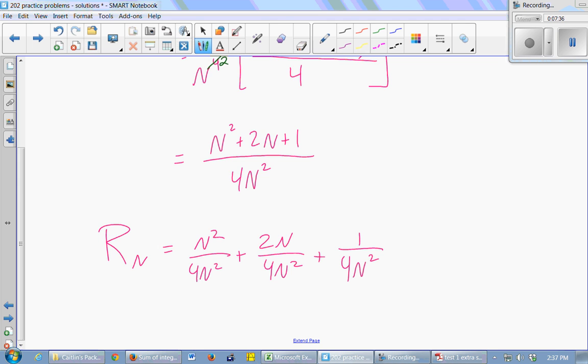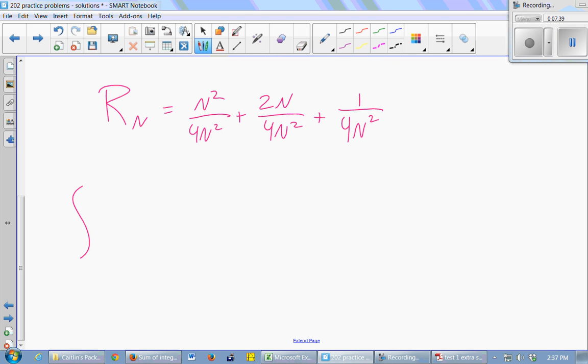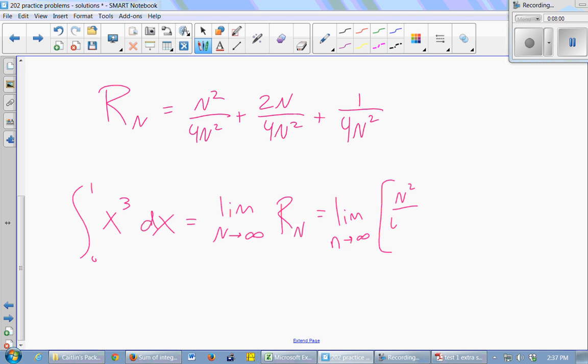If I want to get the integral from 0 to 1 of x cubed dx, that is equal to the limit as n goes to infinity of R sub n, which would be the limit as n goes to infinity of n squared over 4n squared plus 2n over 4n squared plus 1 over 4n squared.